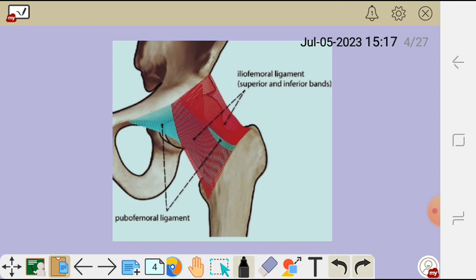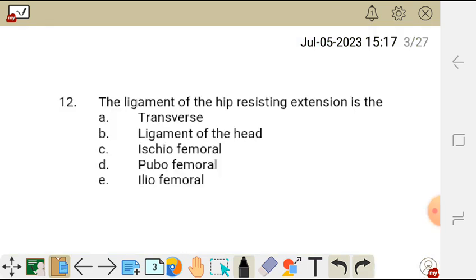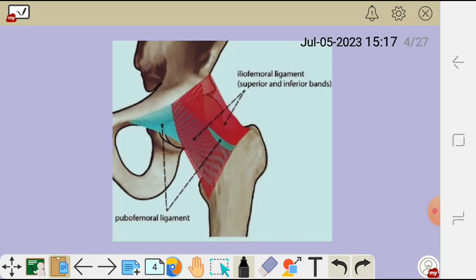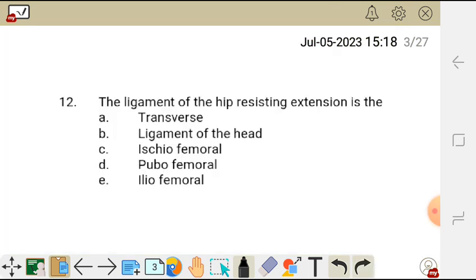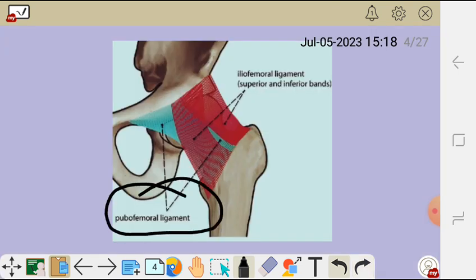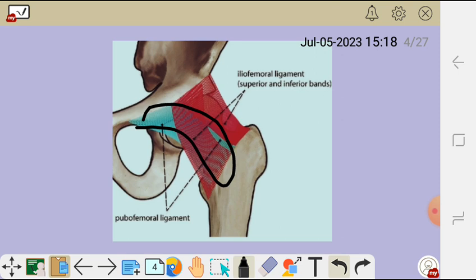So among these ligaments, which one is responsible to resist the extension? Okay, so the one which is responsible for resisting is the iliofemoral ligament. This ligament here, which is in red, is responsible for resisting extension. This other ligament, the pubofemoral ligament, is responsible for resisting abduction.